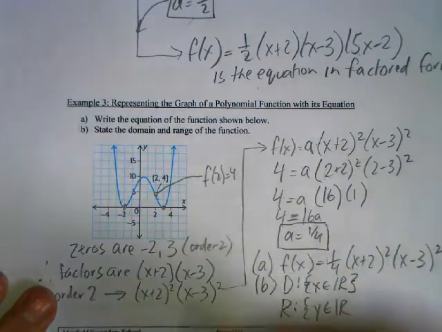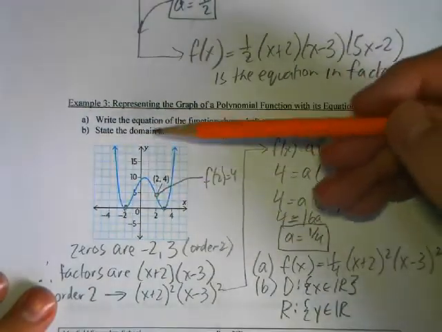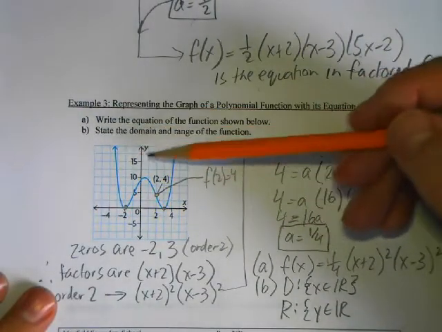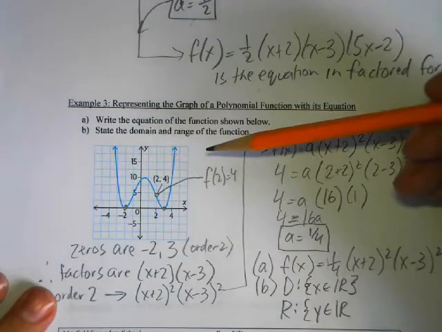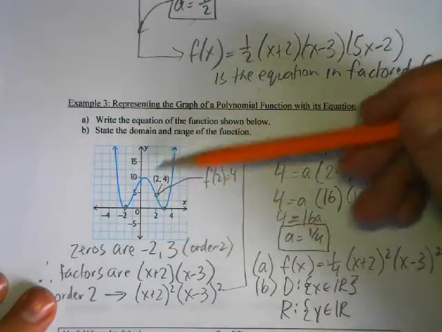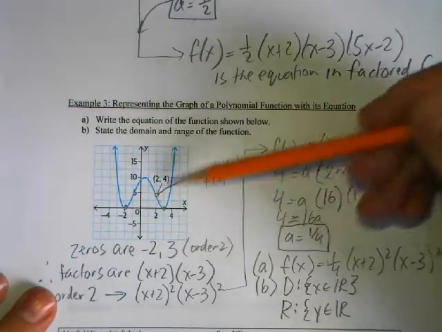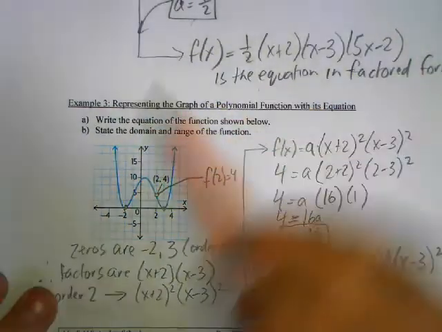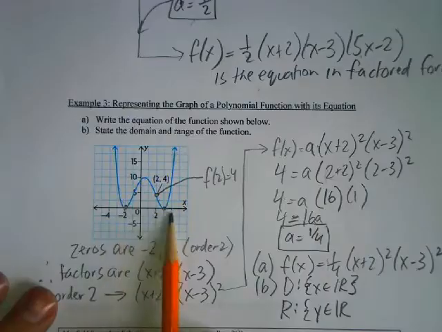So in this case, because it's a degree 4, it will have a minimum. So it's going to open up and have a minimum. What's the lowest this function can get?